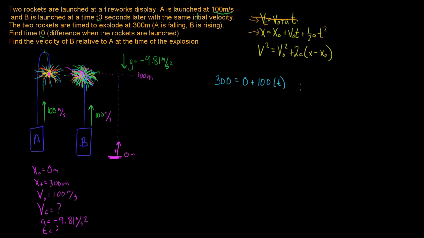We're going to solve for it, plus 1/2 times the acceleration, which is minus 9.81 meters per second squared, times the time squared. If we solve this equation for time, it's a quadratic, so we should get two roots.